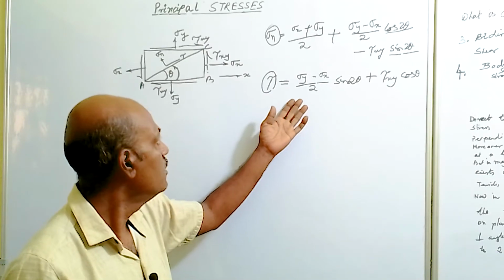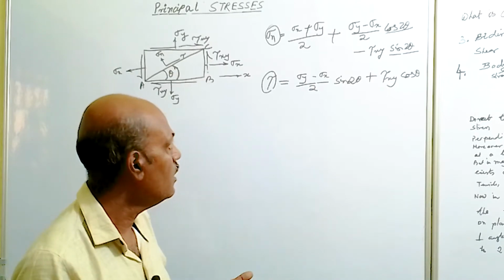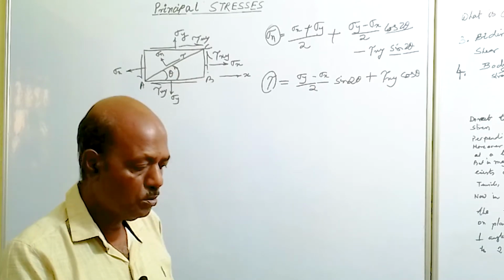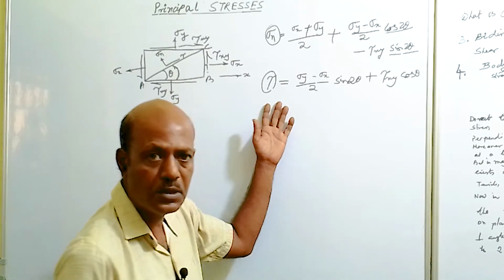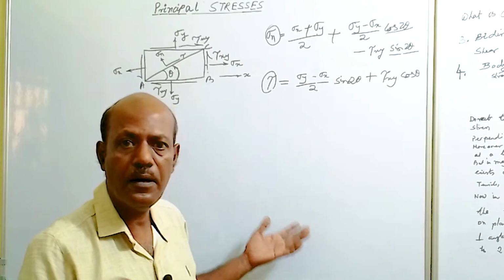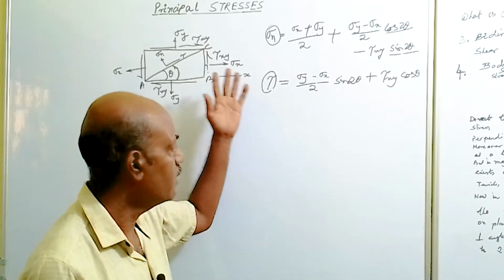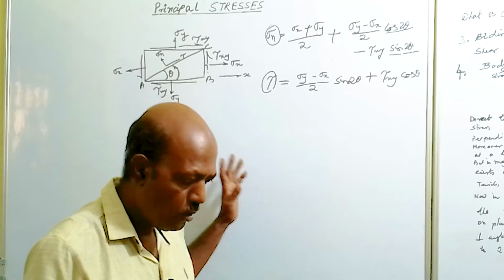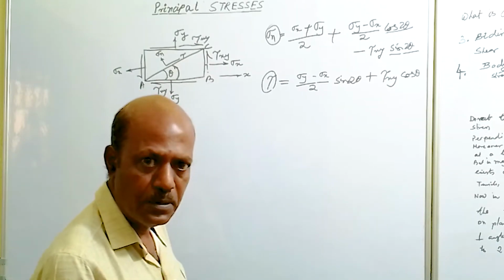Tau is given by (sigma y minus sigma x) by 2 sin 2 theta, plus tau xy cos 2 theta. Those who have doubt or have not seen it can refer to the last video, where you will get the derivation. Today we are going to study the principal stresses.